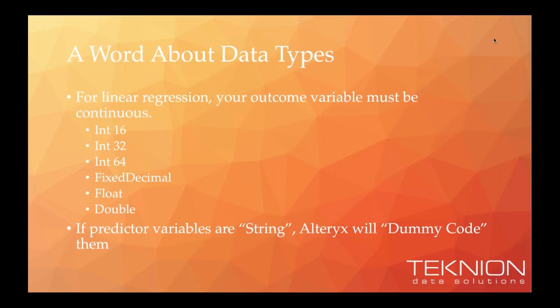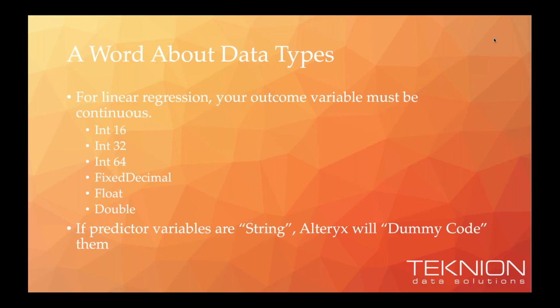Okay, before we do, a word about data types, because this is going to play a huge factor. Most of the time when I'm working with people and they ask questions and say, hey, something's wrong with my analysis, generally it comes back to data types. For linear regression, your outcome variable must be continuous, meaning it must be interval or ratio scaled.